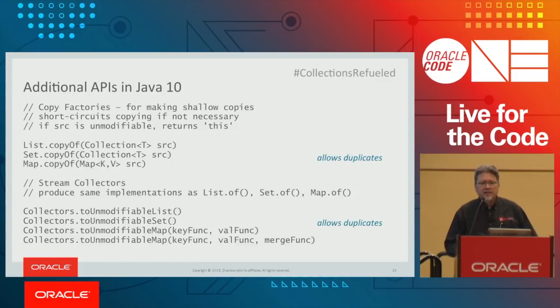That has slightly different semantics where it does allow duplicates. I think I left it unspecified as to which duplicate is used. But if you have a collection of these things and you want to deduplicate it, you can just throw them into a set using Set.copyOf instead of Set.of, and that will compress out the duplicates and then give you an unmodifiable set.